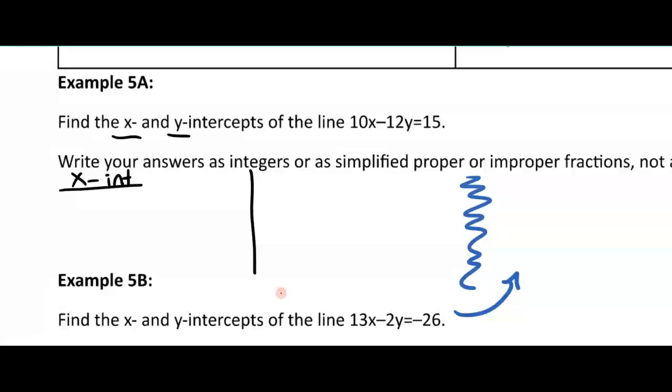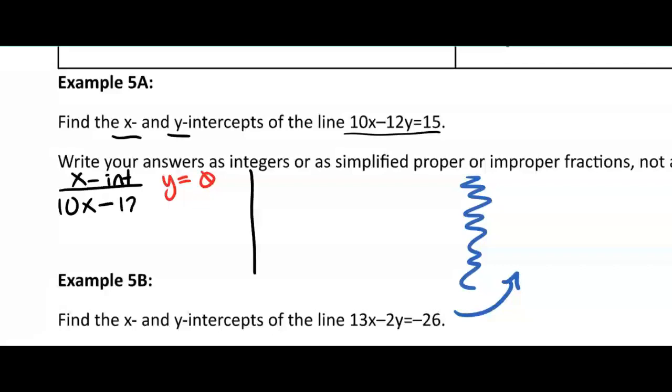When I'm finding an x-intercept, what piece of information do I know? That y equals 0. So I'm going to take my equation, 10x minus 12y equals 15, and replace y with 0.